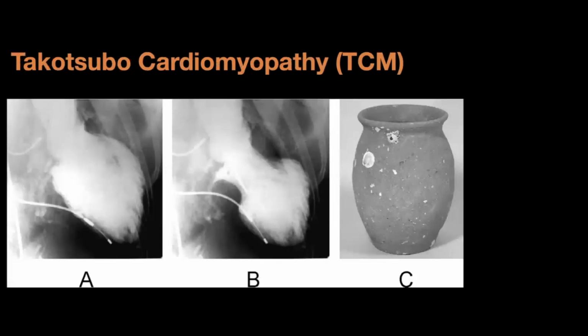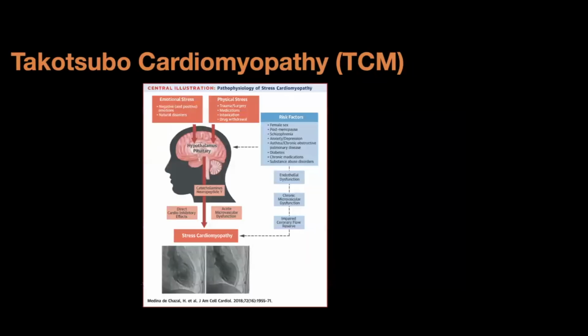Just to quickly summarize Takotsubo cardiomyopathy or stress cardiomyopathy, where the name is derived initially from the Japanese in terms of the octopus trap, and that we have the basal segments contracting best with the apical ballooning, which is a traditional type of Takotsubo. I'm not going to get into the other variants necessarily here. In the context of this, there's a number of different risk factors.